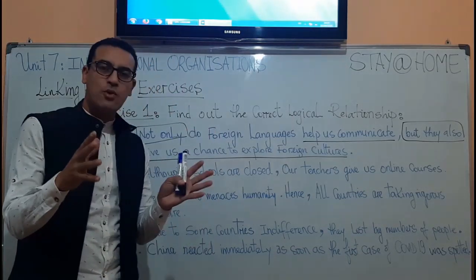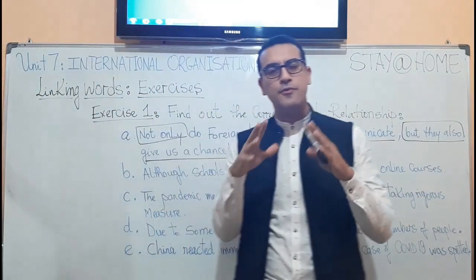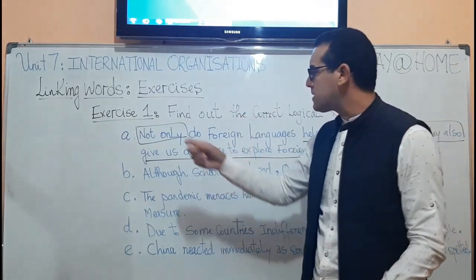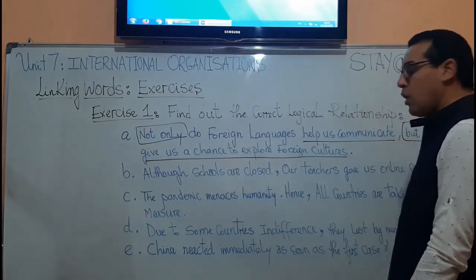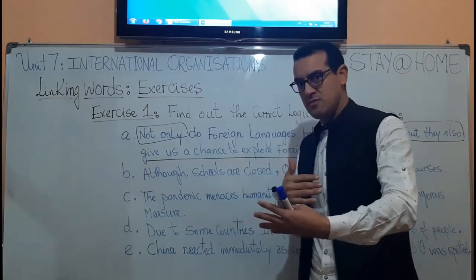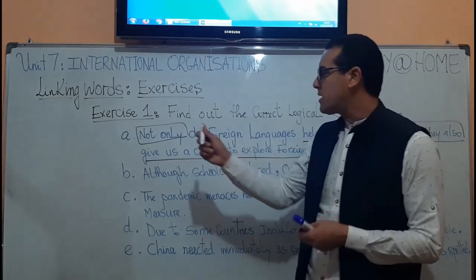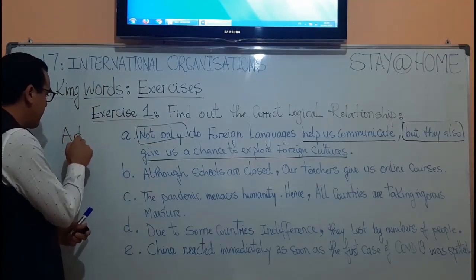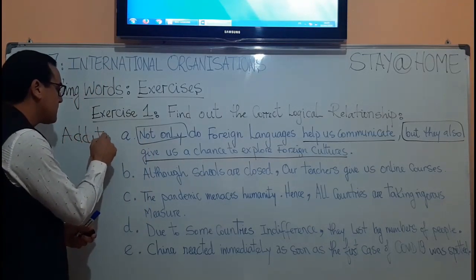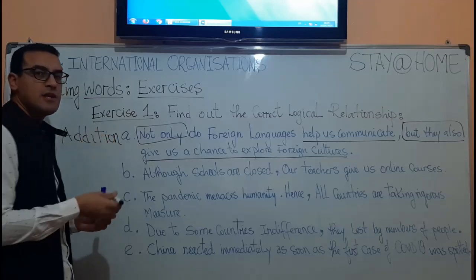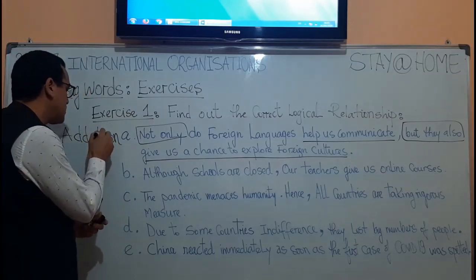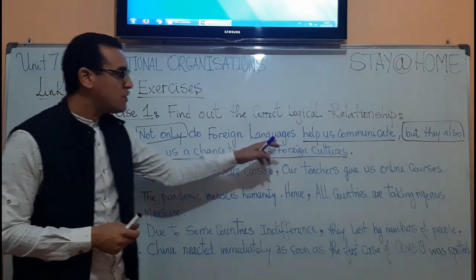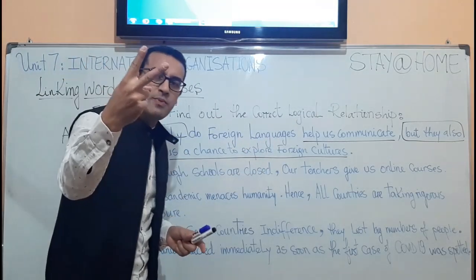So, consequently, you need to find out the exact logical relationship that not only, but also expresses. The logical relationship here is addition. As you can see here, foreign languages have 2 benefits.